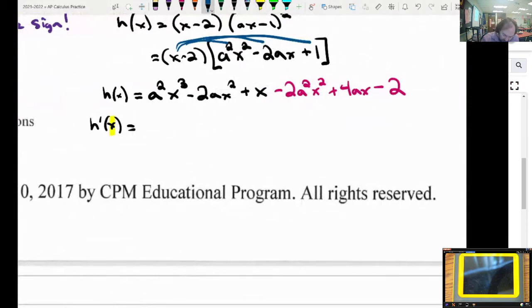This is going to give us 3 times x squared, a squared in that first chunk, minus 4ax for the next one, plus 1. Minus 4a squared x in that chunk, plus 4a, and then the 2 will just go away, minus 2.